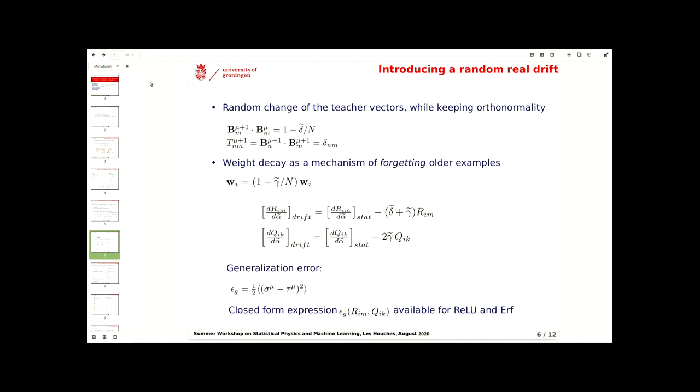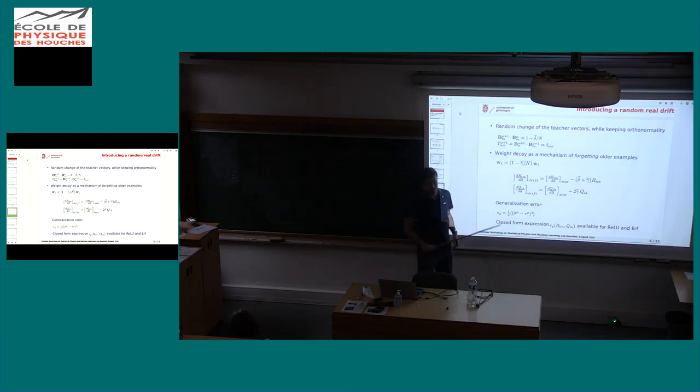So at each step, we assume that the teacher vectors drift randomly, and the quantity delta determines the strength of this random drift, and we also introduce weight decay in the student. The gamma determines the strength of the shrinkage, basically. And we model those two effects in the differential equations.